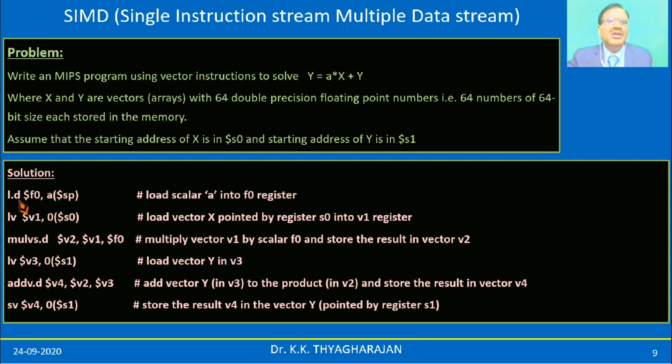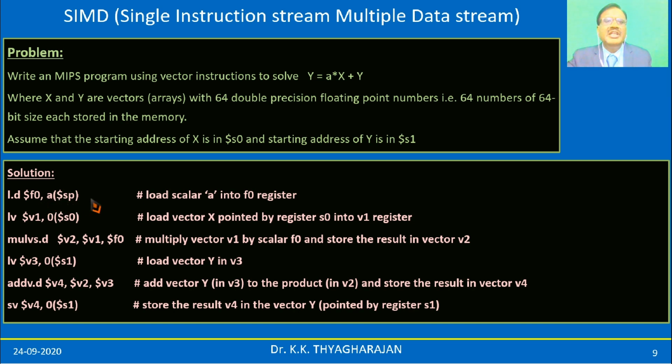Load the scalar available in the memory into register F0. To access the scalar value from the memory, you use the SP register. So this will indicate the address of the scalar.